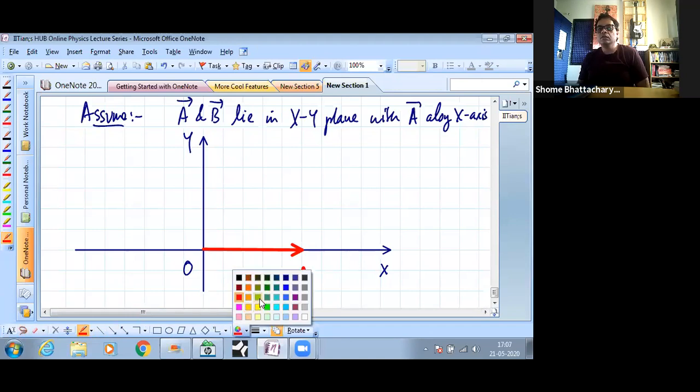And now in comparison, what we have is that the resultant of A and B is at 120 degrees to A. So we can assume that the resultant is like this.